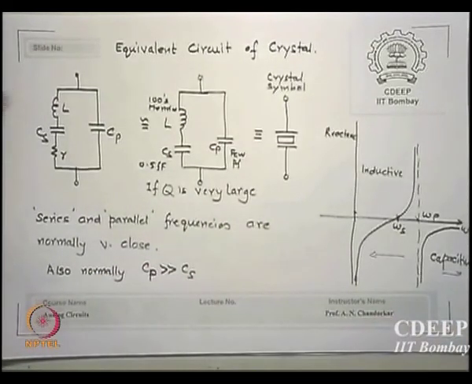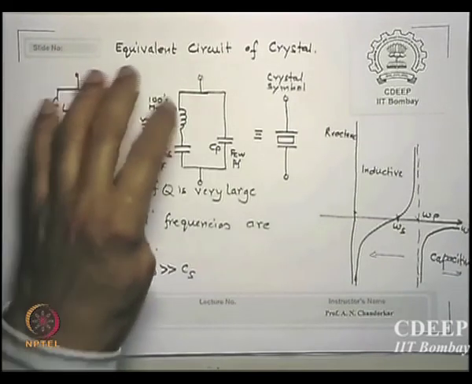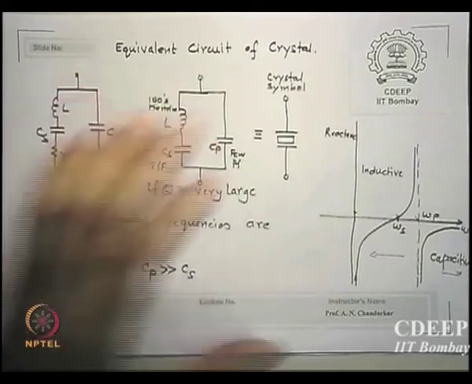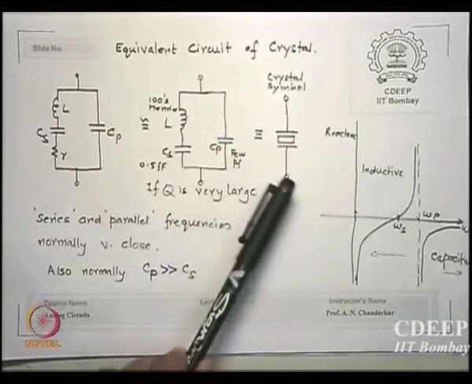Is that okay? L, Cs, R parallel Cp is the equivalent circuit of a crystal. तो R को तो मैंने 0 कर दिया, ये इसकी टिपिकल वैल्यू है. और दिस इज द सिंबल ऑफ ए क्रिस्टल.